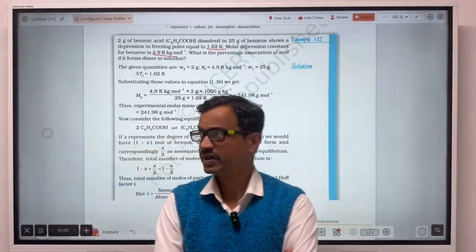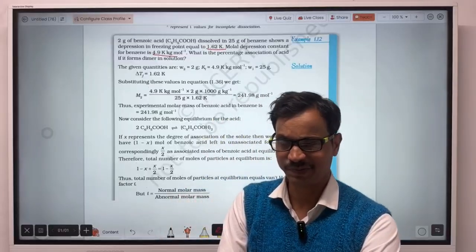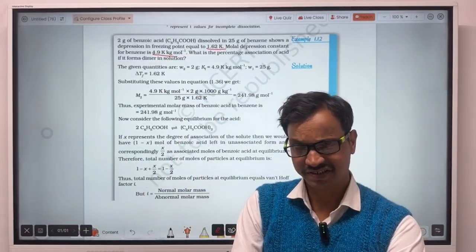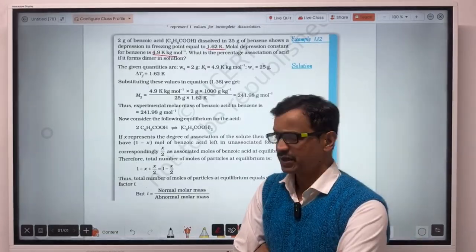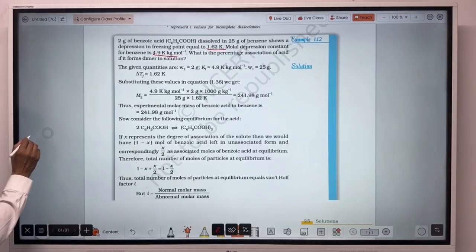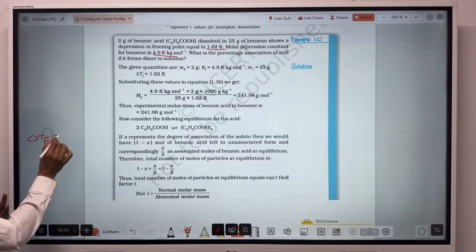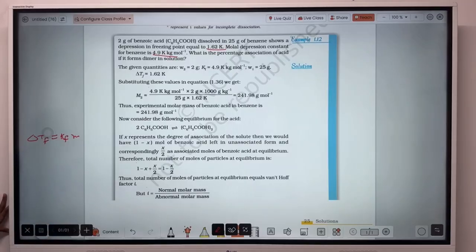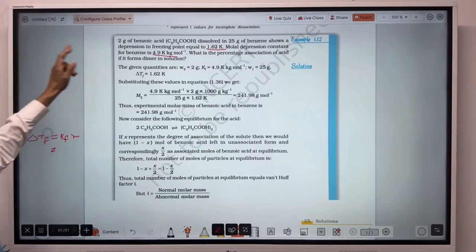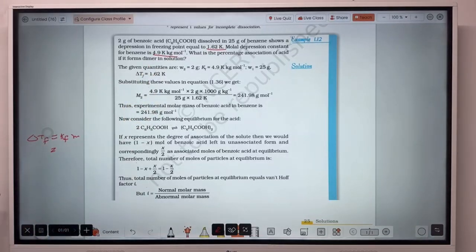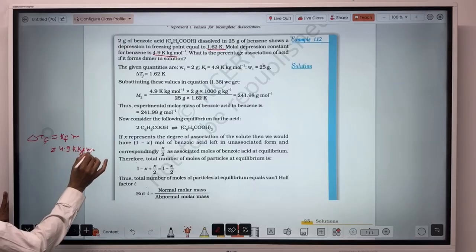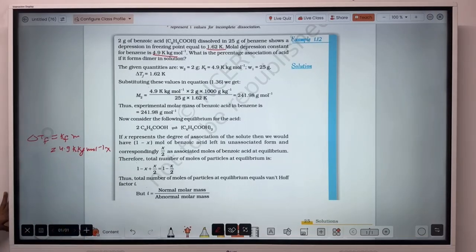Firstly, let's calculate the colligative property, the depression in freezing point without considering the association of particles. You already know ΔTf equals Kf into the molality of the solution. The molar depression constant has been given, 4.9 Kelvin kg per mole, into the molality of the solution.